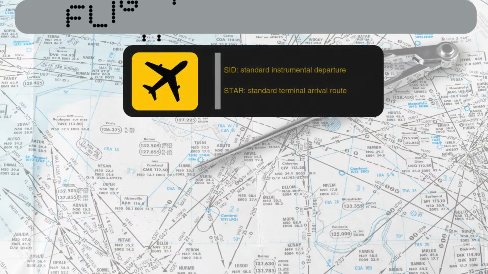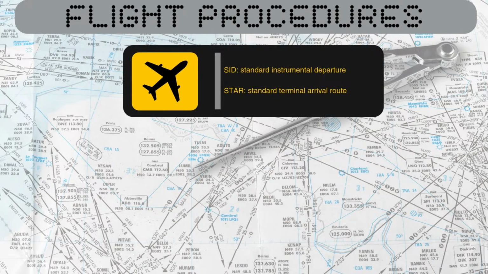Then last but not least, before we really start using those flight planning tools, we've got the procedures. In this case, I added two of them, but there are a few other ones which I didn't add to this map for now. First of all, there's the standard instrument departure. That's a predefined route, and we will also look during the flight planning at how to use it, which tells you how to fly when you're departing from a certain runway at a specific airport.